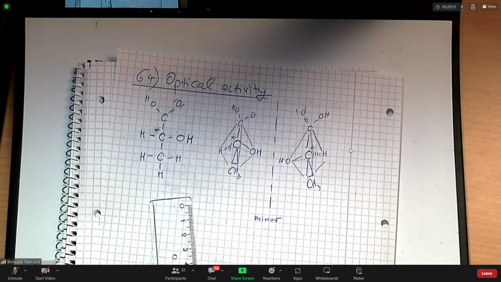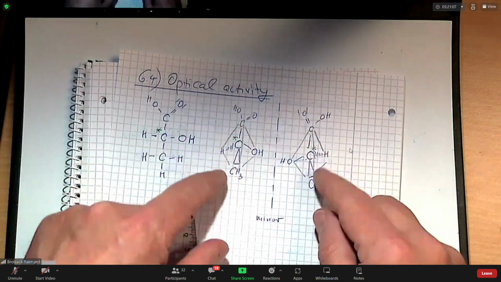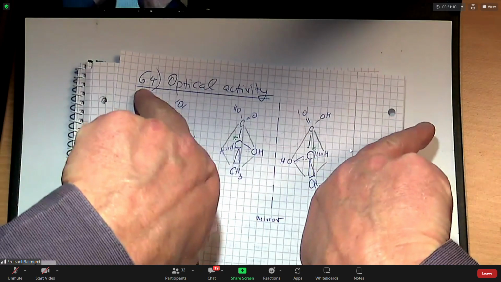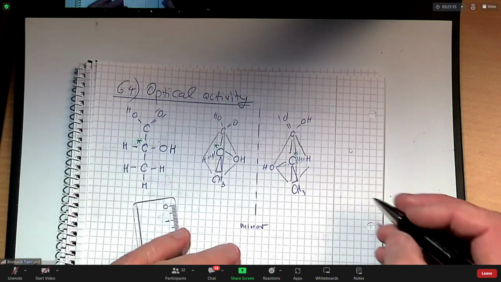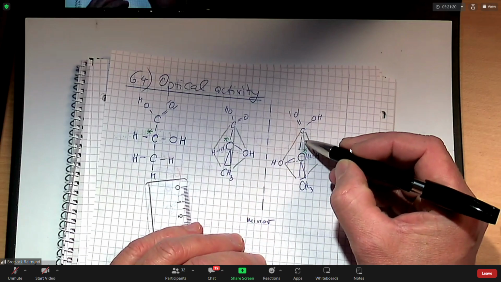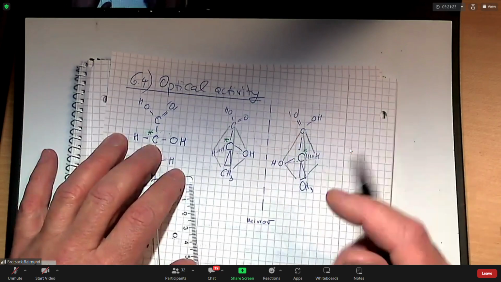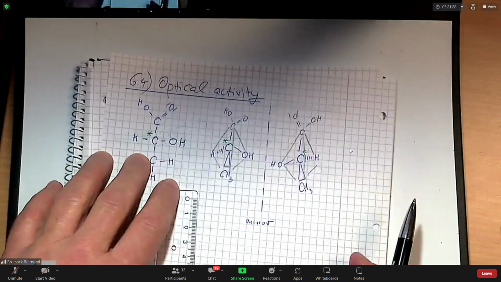But now I try to draw it as the picture of the mirror of that. And you see it with your imagination. Do you see it? Because here, now we have the OH more here. That is in the same plane, that's coming out, and the other one I'm going back. And when I try to symbolize this molecule now in a 2-dimensional form, like I did here, I press it in 2 dimensions, then it looks like that.